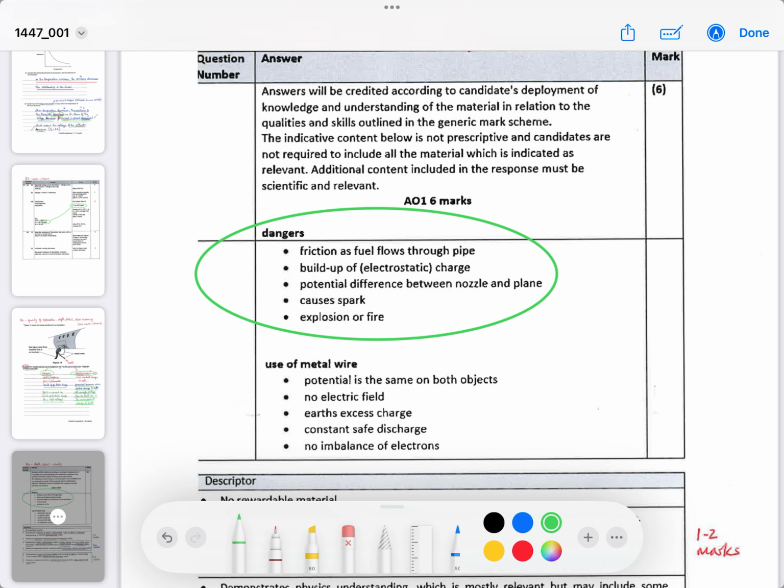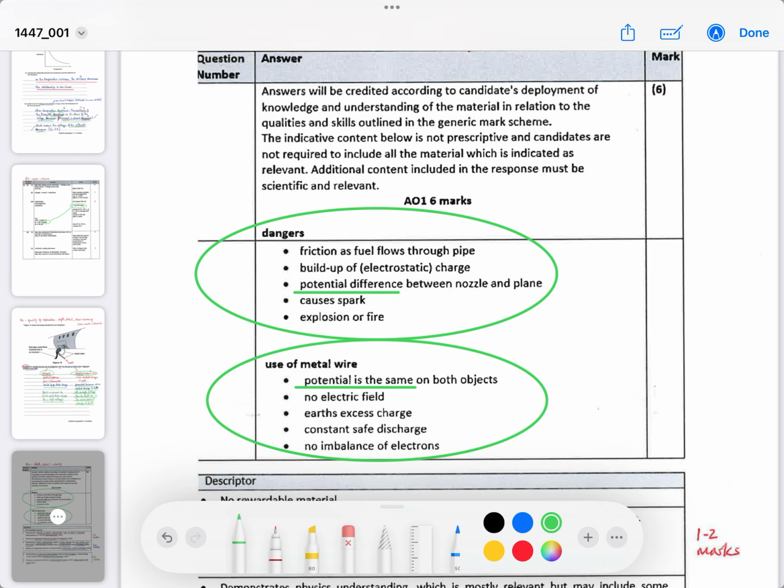And then the use of metal wires is the safety aspect, or the precaution that they take. If you have the wires, it makes sure that the different surfaces are kept at the same potential. Yeah? So if the potential is the same, there's no potential difference, so you won't be able to have a spark being produced, because a spark is produced due to a potential difference. And the wires eliminate the potential difference.